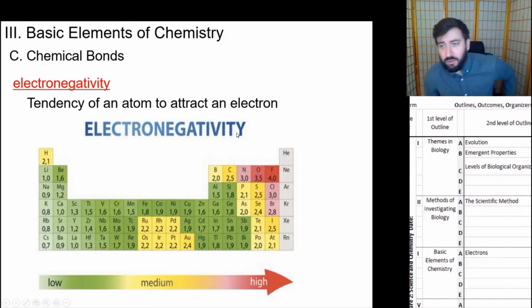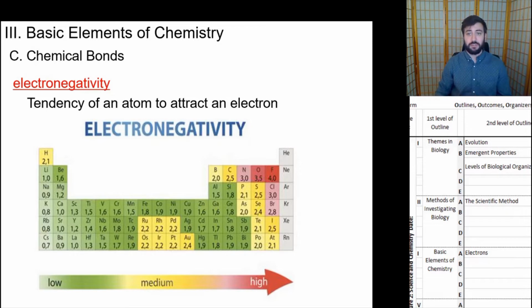So one of the things that drives how bonds develop is electronegativity, where electronegativity is essentially how likely an atom is going to attract another electron. The more electronegative it is, the stronger the attraction.